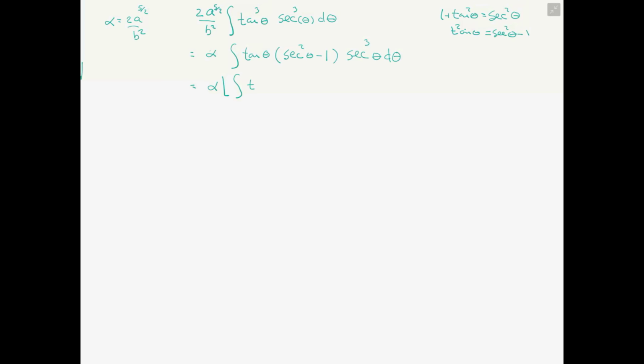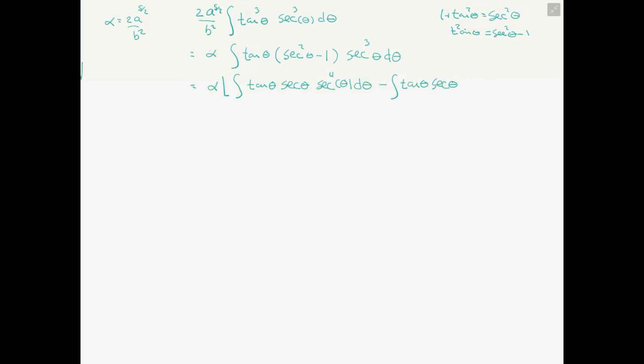And now we break it up into two integrals. We have alpha times, bracket, tangent theta secant theta secant to the 4th theta d theta minus, now what do we have here?